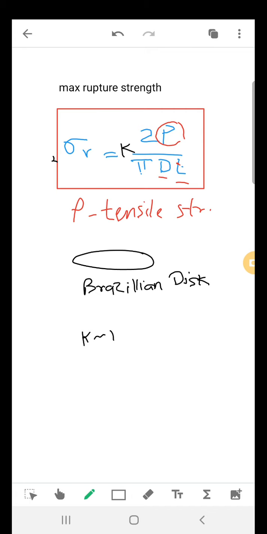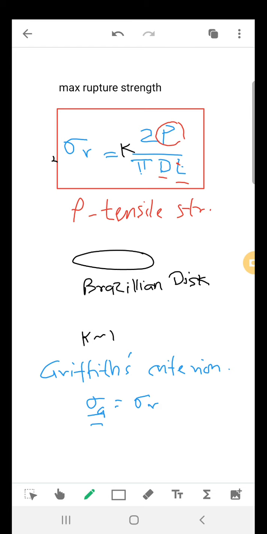Now, according to Griffith's criterion for failure, sigma g is equal to sigma r. So this sigma g is the equivalent stress based upon Griffith's energy criterion.